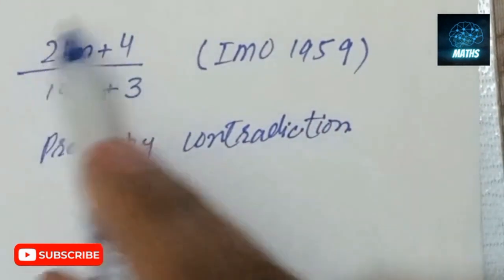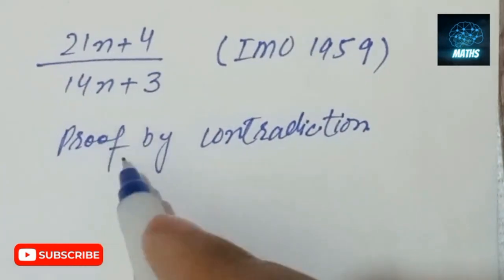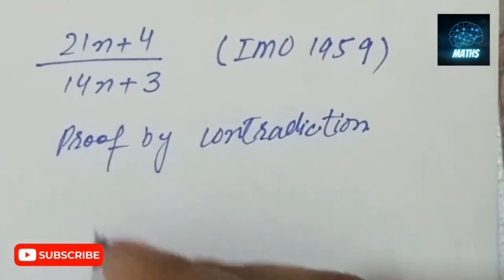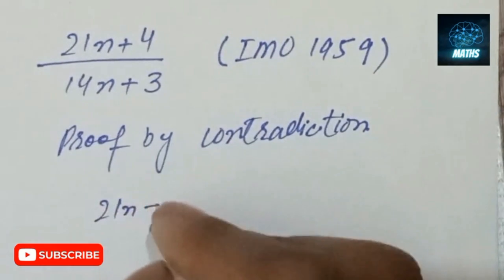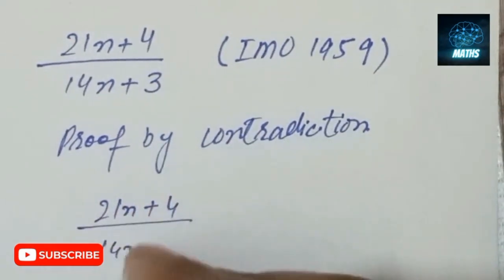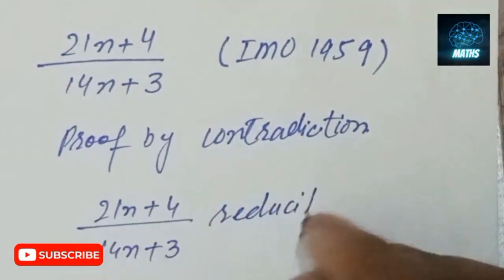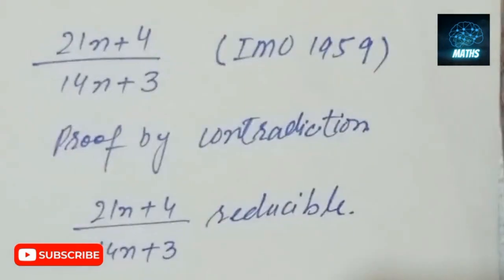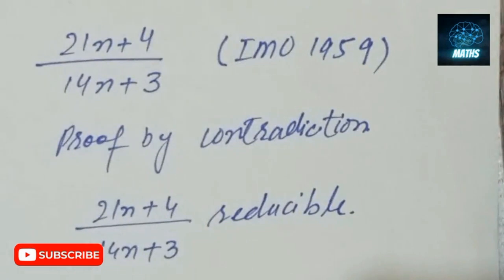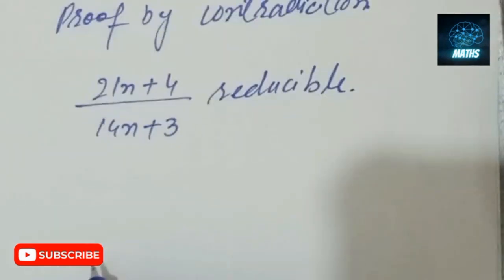As I need to prove that this fraction is irreducible, I'm going to suppose that (21n + 4)/(14n + 3) is reducible. If it is a reducible fraction, then there must be a greatest common factor of 14n + 3 and 21n + 4.